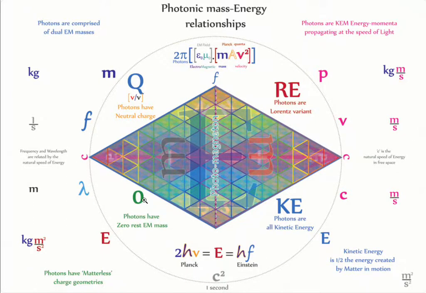Obviously, Tetryonics now gives us the ability to look at EM waves of white light or any color. We can look at the light in terms of all its physical properties of frequency, wavelength, velocity of propagation in a vacuum as well as in a medium. We can look at its mass, its energy, its charge geometry.